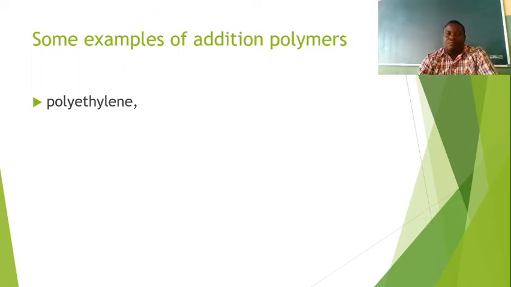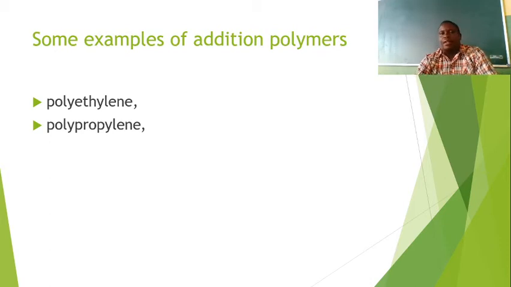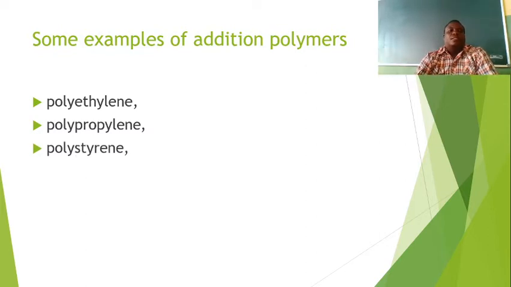We'll take an example and see how the double bond is broken down, and then we form polyethylene. There is also polypropylene, from propylene. There is also polystyrene, and there is polyvinyl acetate.